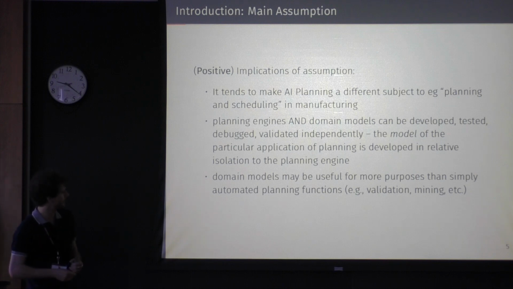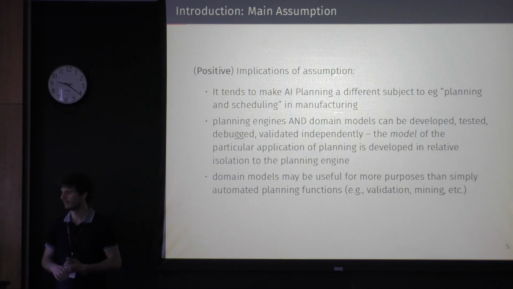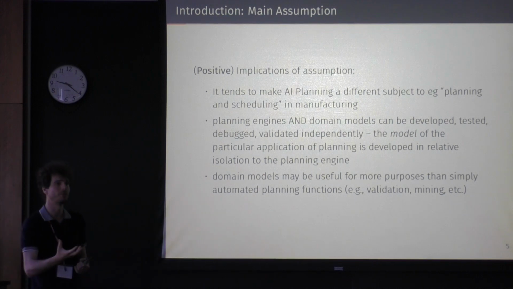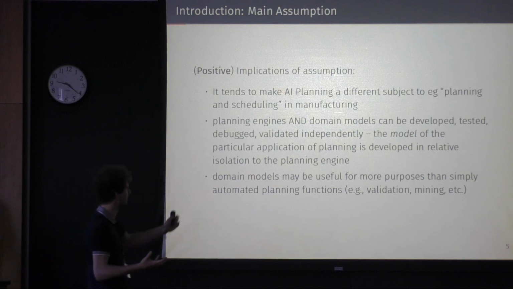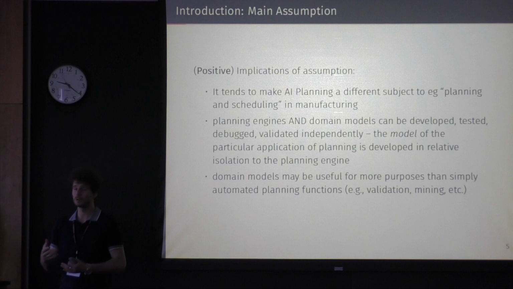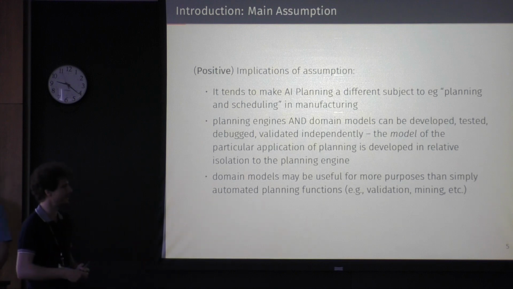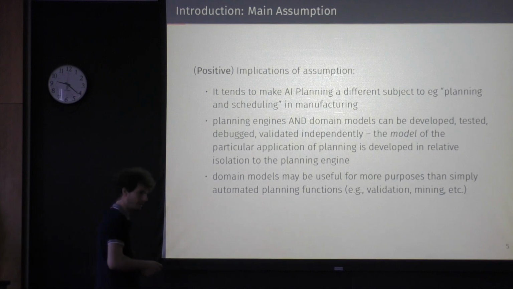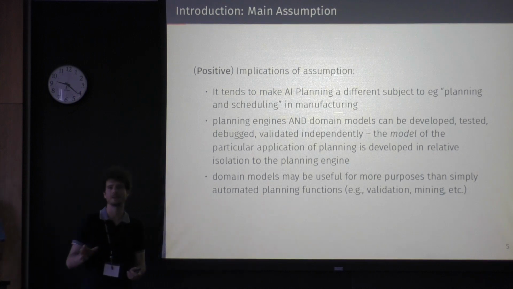And the last point is that since you have a formal model of knowledge, which comes in the form of this domain model, you can use that model not only for creating and generating plans, but also for other functions not directly related to planning.